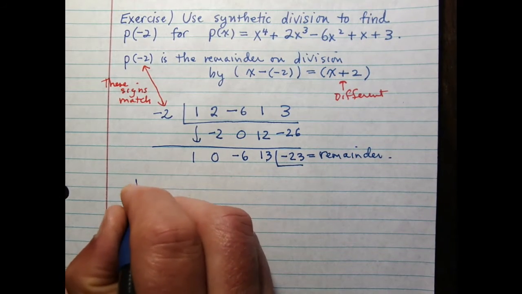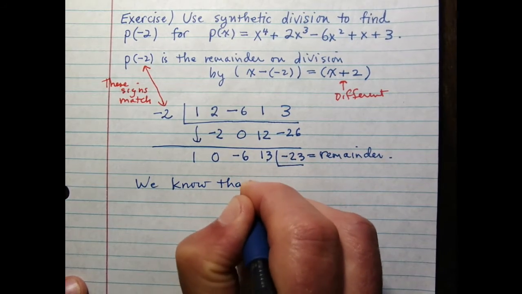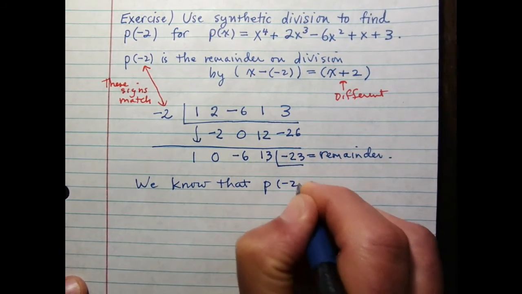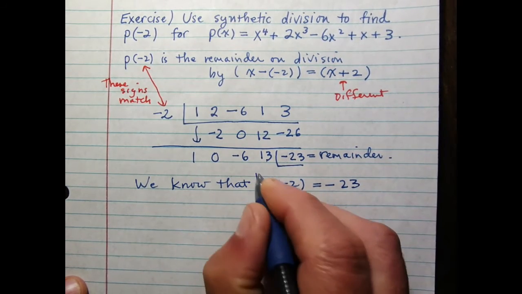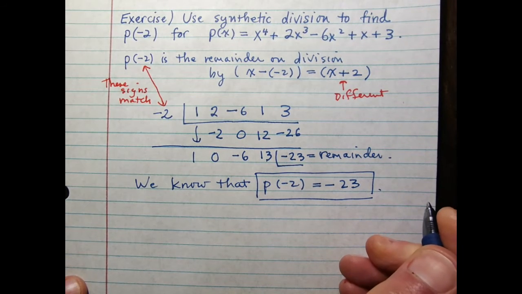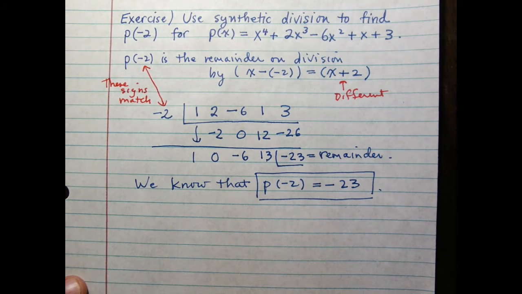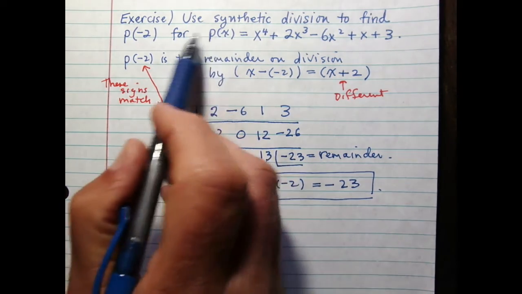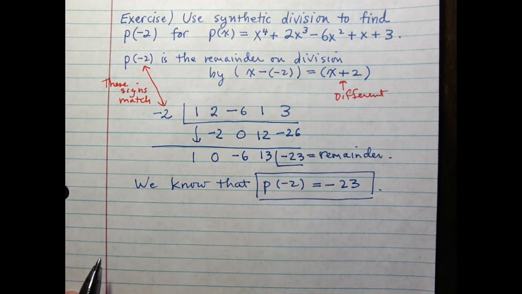And so we know by the remainder theorem that p of negative 2 is equal to negative 23. Often, that's going to be the only thing we're trying to figure out.